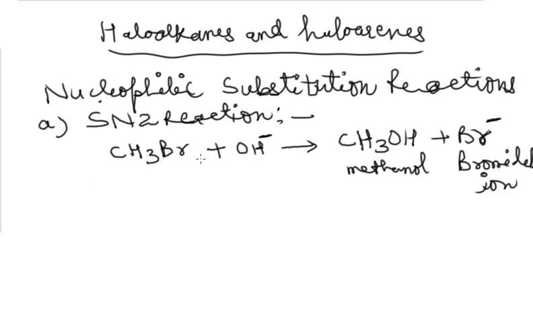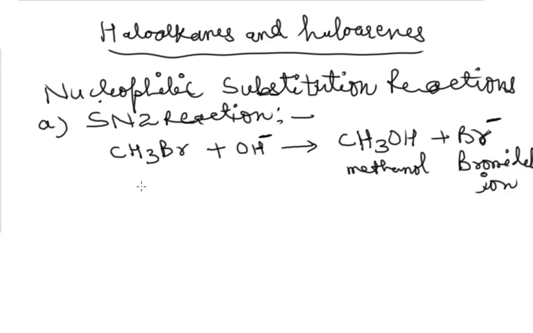Now the meaning of second order kinetics is the rate depends upon the concentration of both the reactants. Here the two reactants are the methyl bromide and the hydroxide ion. So the rate of this reaction depends upon the concentration of both the reactants. Because the rate depends upon the two, that's why it is known as bimolecular.